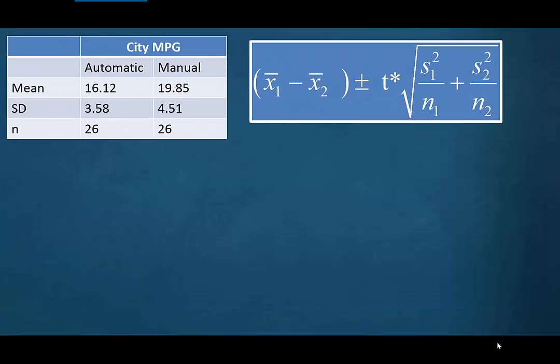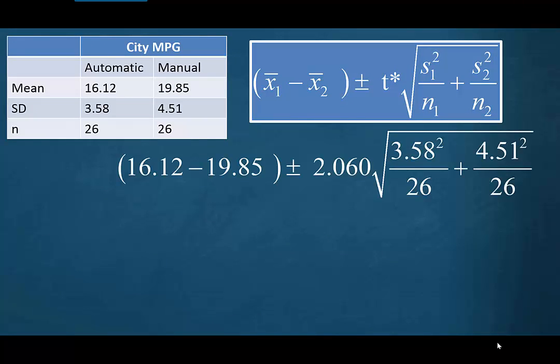Substituting these values into the formula gives us x1 minus x2, so 16.12 minus 19.85, plus or minus the 2.060 we just found, times the square root of 3.58 squared over 26 plus 4.51 squared over 26. All that is given in the summary statistics.